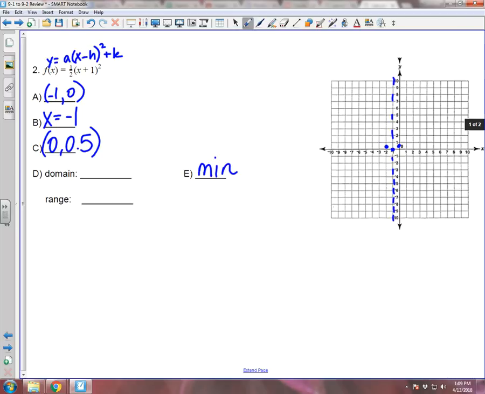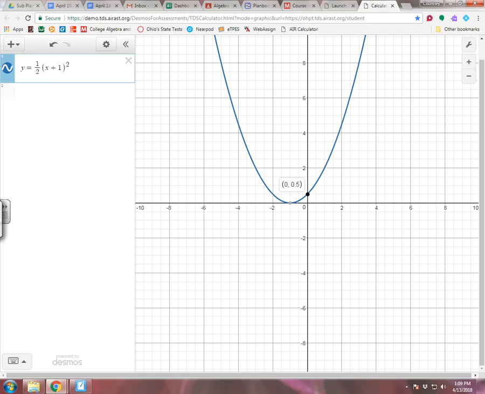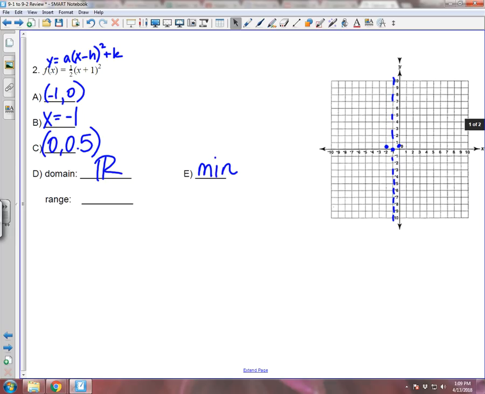How about the domain here? Real numbers, this thing goes to the left and to the right, doesn't it? To the left, to the right, up, down, or both? Only goes up, which means the y's also have to be greater than, because we're going up. How low do the y's go? 0.